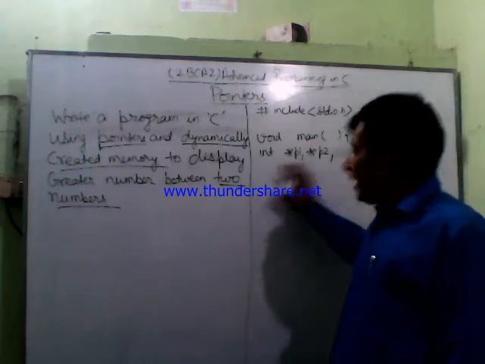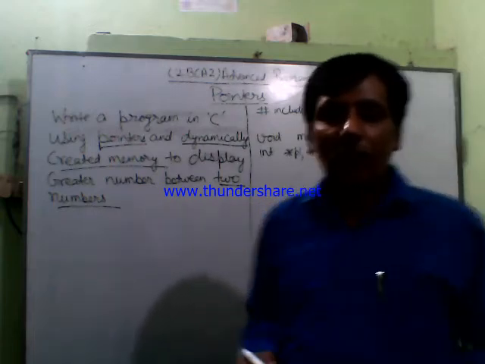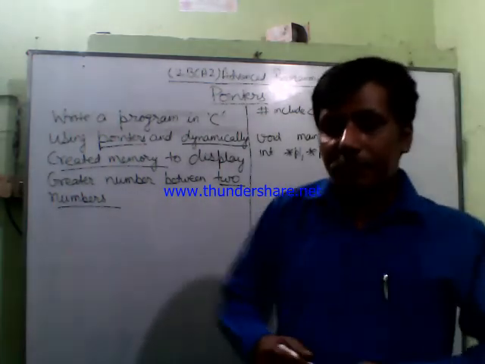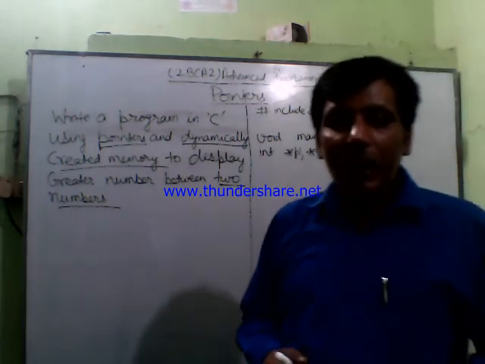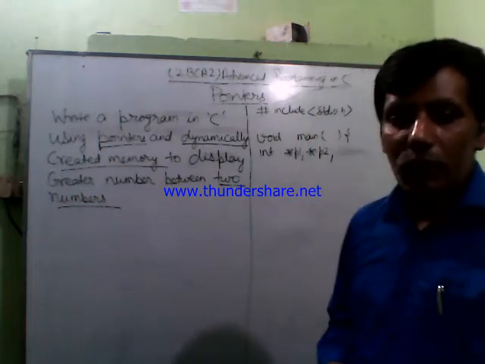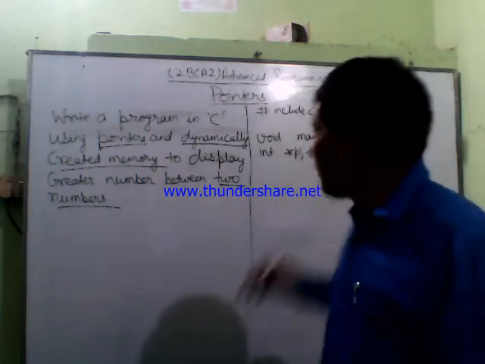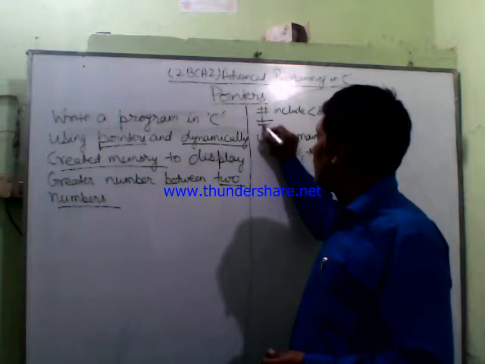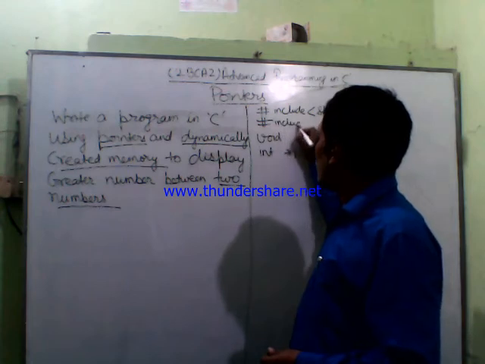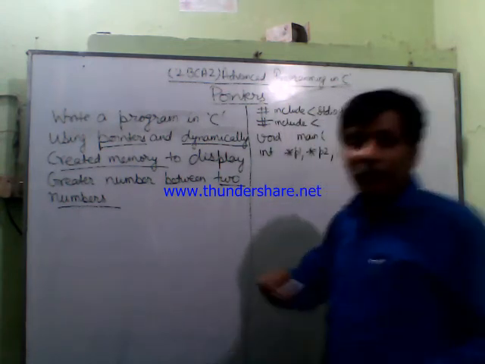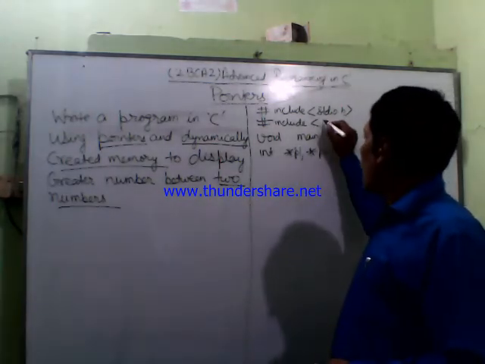Now, after declaring the pointer variables, I have to store the address of dynamically created memory. Whenever you have to create memory at runtime, you have to use the malloc function, and when you use the malloc function, you have to include a header file, by writing the include preprocessor directive and thereafter, within angular braces, the name of the header file in which malloc has been defined.